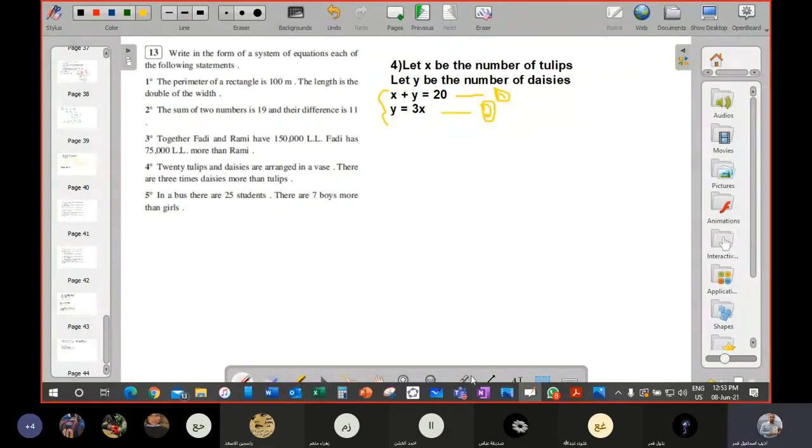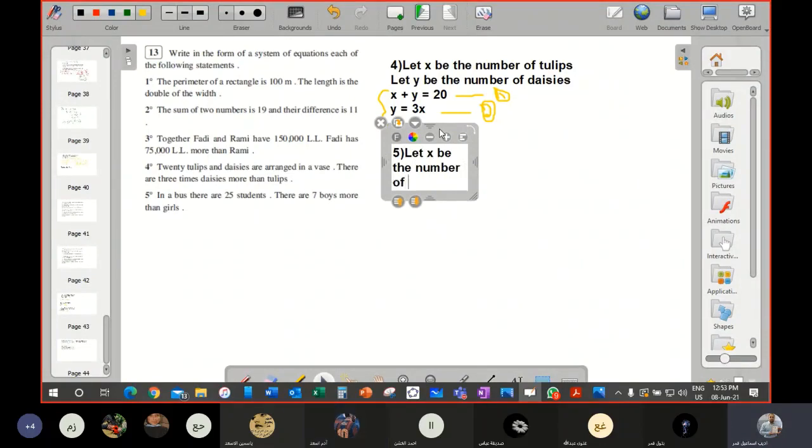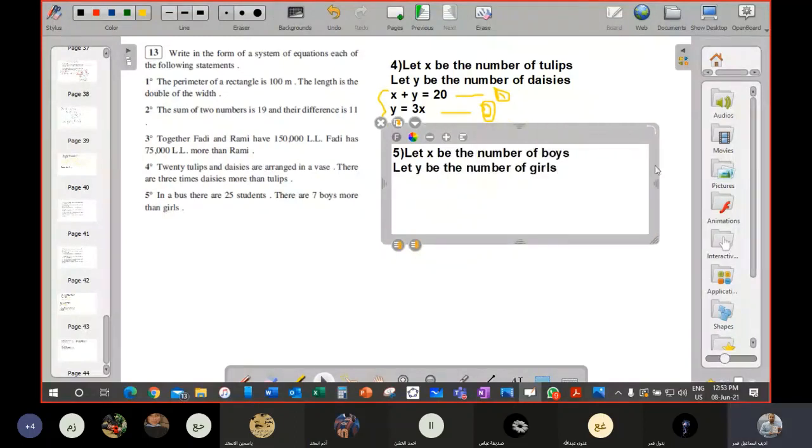Now part 5, Adam Asad. In a bus there are 25 students. There are 7 boys more than girls. Let x be the number of boys, and let y be the number of girls. These are the assumptions.